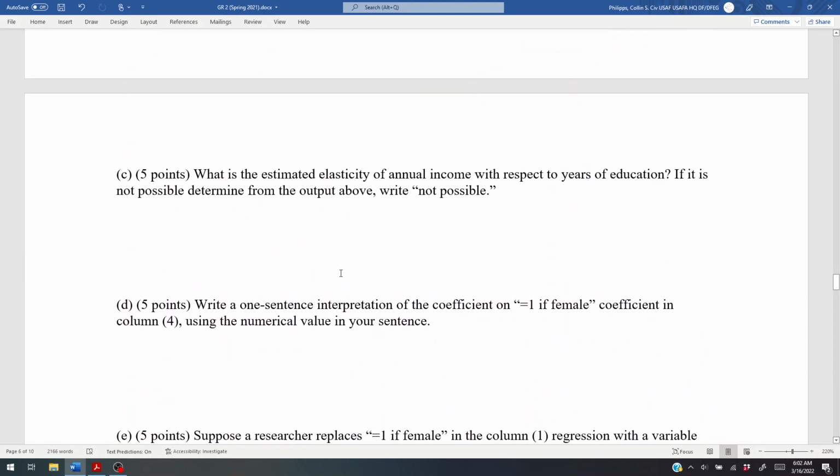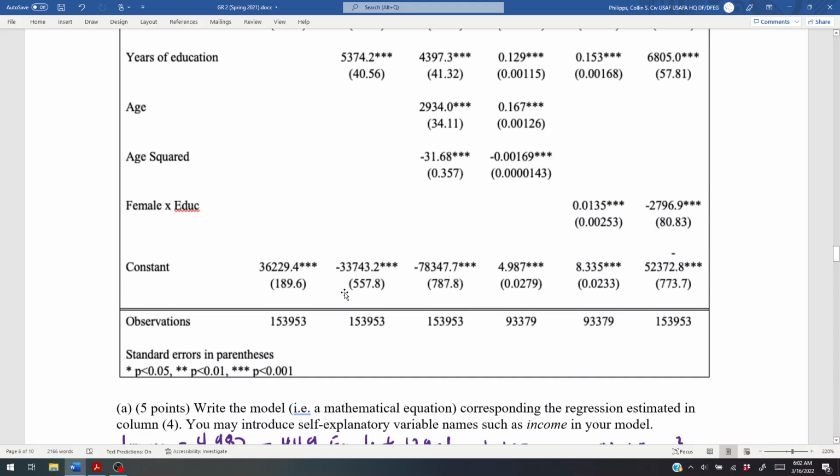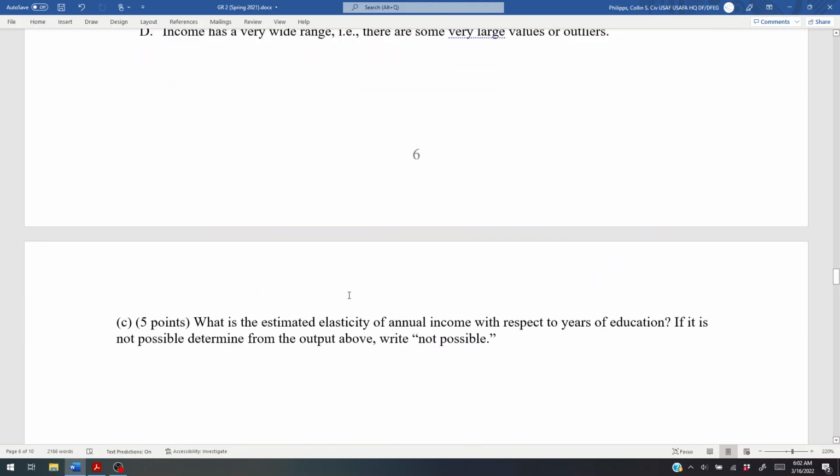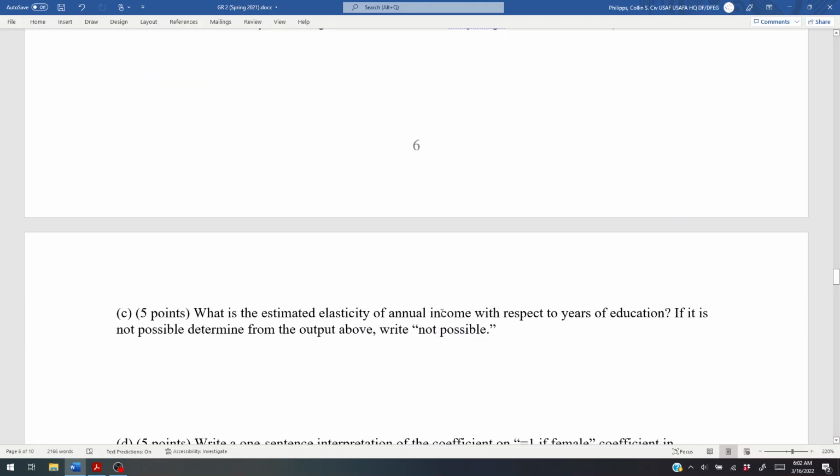What is the estimated elasticity of annual income with respect to years of education? If it is not possible to determine from the output above, write not possible. Well, oh boy. Elasticity of income with respect to education. Remember, elasticity is unitless, and elasticity tells me how much one variable changes in percentage terms when there's a 1% change in the other variable.